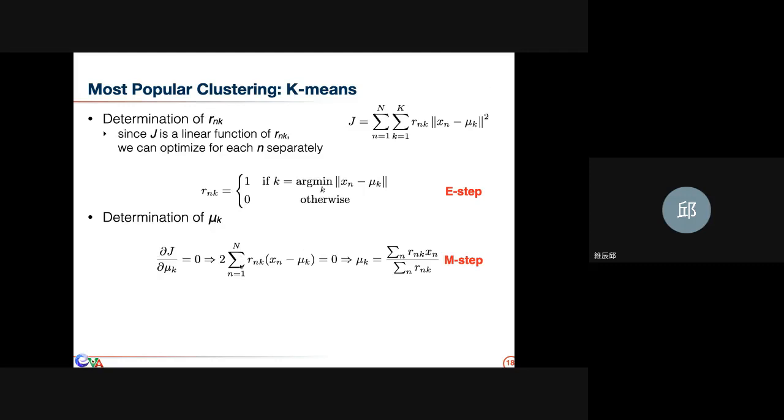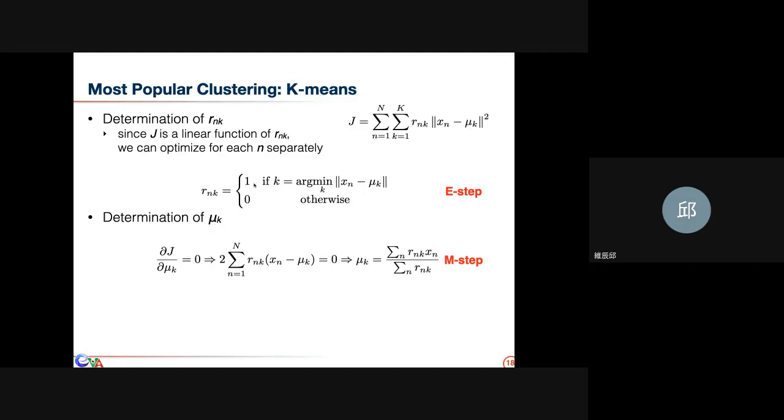You can do the math on your own. You will find that mu k can be written in this analytic form, and it is exactly computing the center of each cluster, right?